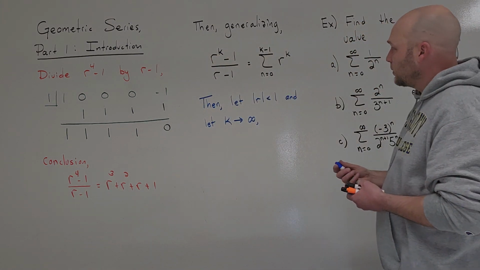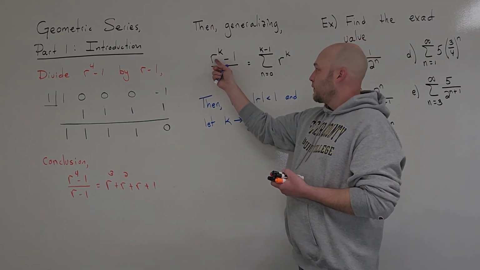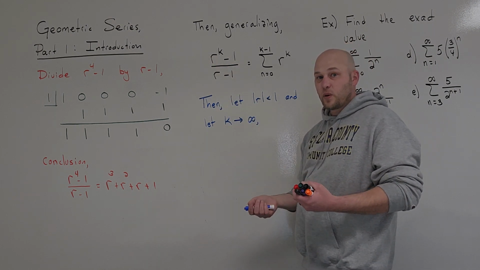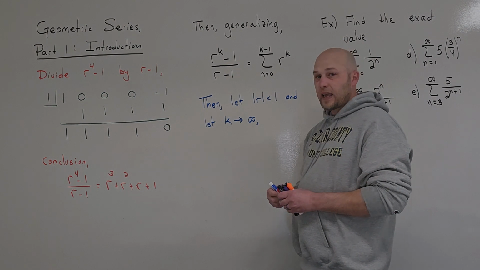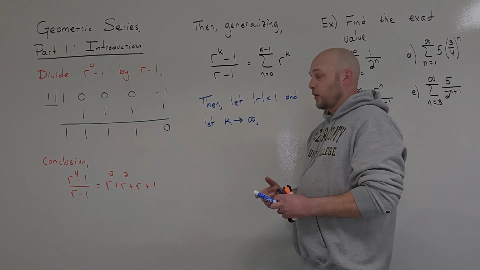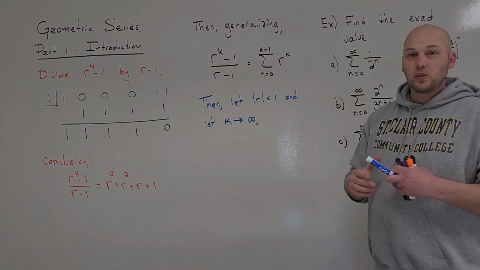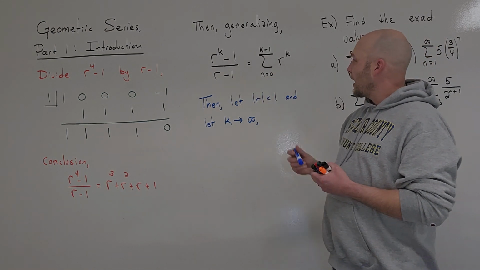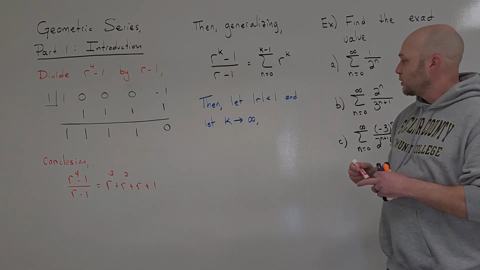What I then want to do is assume that the value of r has an absolute value less than 1. So it could be a half, it could be negative 2/3, but it can't be 2, 4, 5, or even 1.1. It has to have an absolute value less than 1. Then I'm going to take the limit of both sides as k goes to infinity.